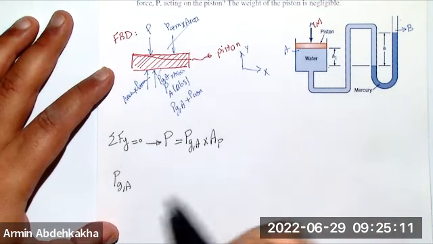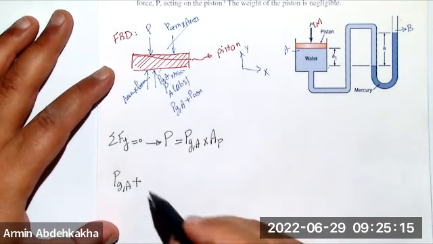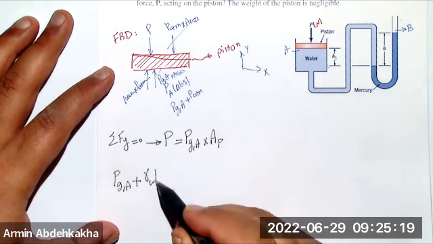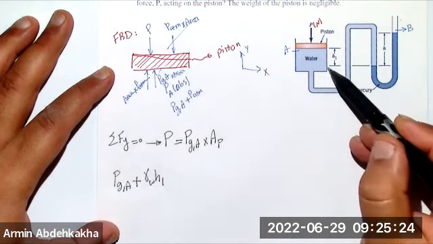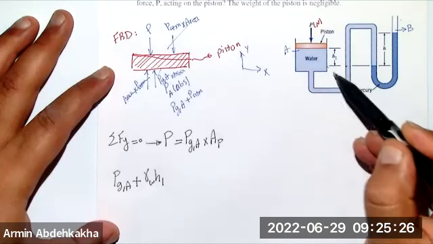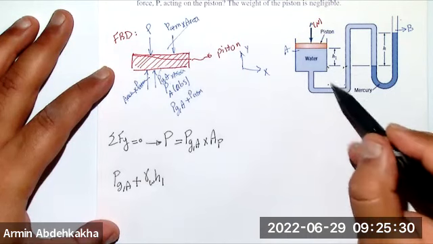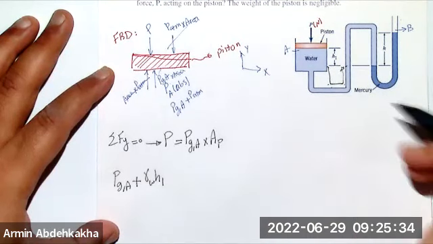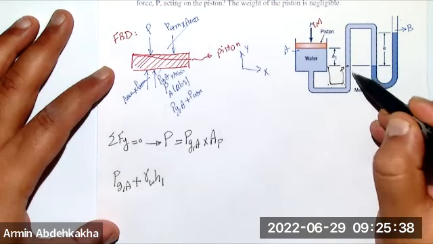So I'm going down, you need to add plus gamma of water times H1, right? Because I'm going down. Then from here to here, I can jump, because I'm going down and then going up; these two are the same. If you're going down and coming back here, you will have the same pressure here because the fluid doesn't change.